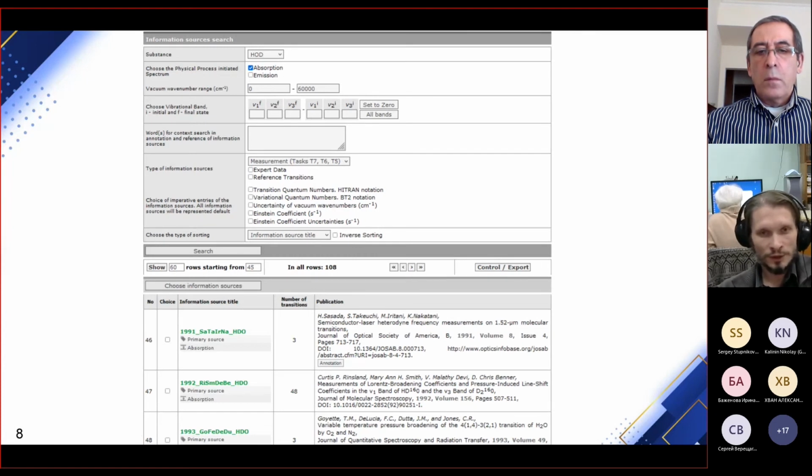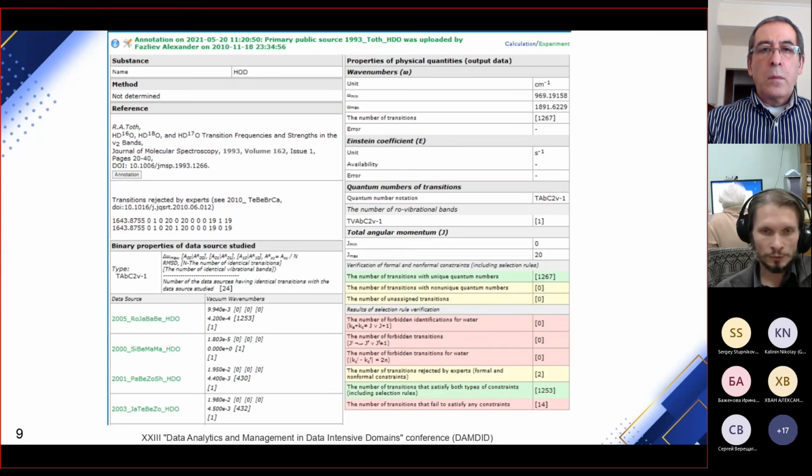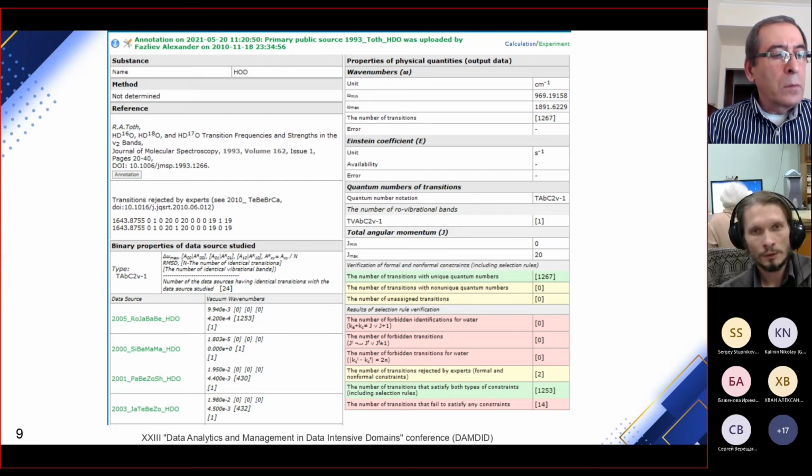On this slide, you see the interface for searching the primary information data sources of our system. You can see the list of different data sources for the HDO isotopolog of water. And on the next slide, you see the presentation of different metadata sets for this data source.